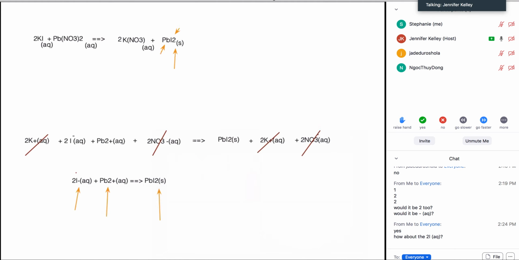Now, if you were trying to find spectator ions, the first thing you're going to do again is find whatever's aqueous. Right? This is the only aqueous thing on the right-hand side.